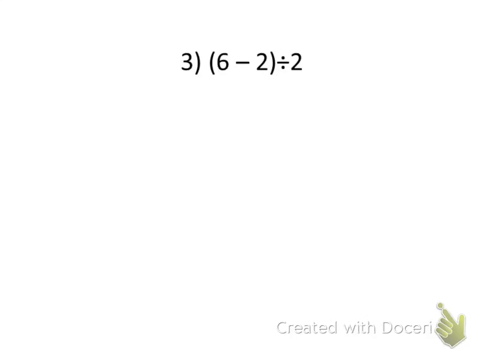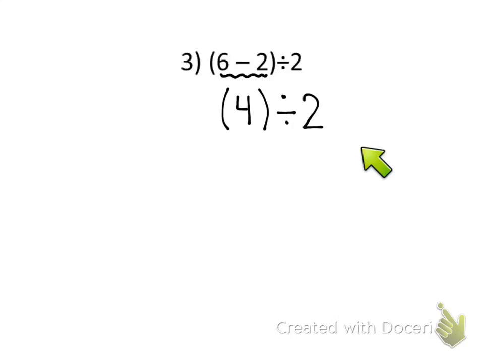All right, so starting at the top, P for parentheses. Are there any parentheses? Can I do anything inside those parentheses? Yes, I can do 6 minus 2, which is 4. Nothing else changes. So I still have parentheses, but can you simplify anything inside the parentheses? No. Okay? Next we have exponents. Any exponents?